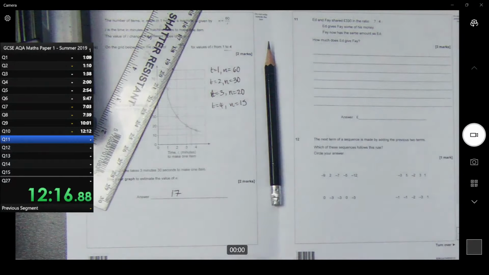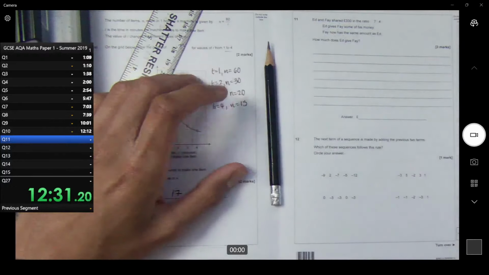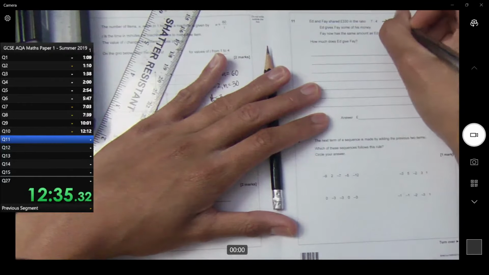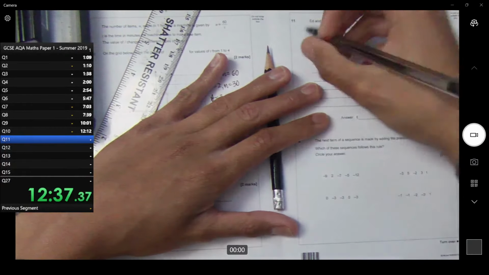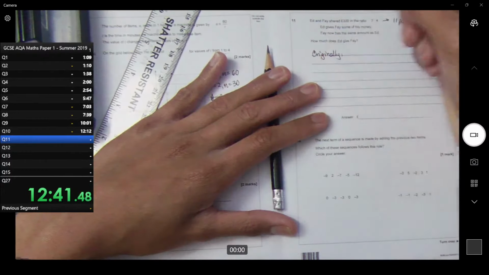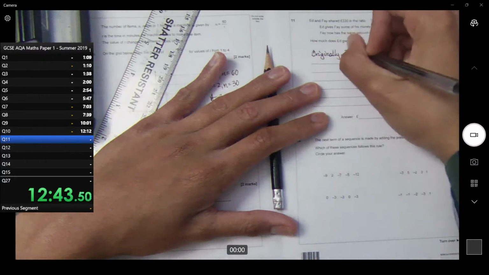Ed and Faye shared this much money in the ratio 7 to 4. Ed gives Faye some of his money. Now Faye has the same amount as Ed. So if they shared it in the ratio 7 to 4, there's 11 parts.